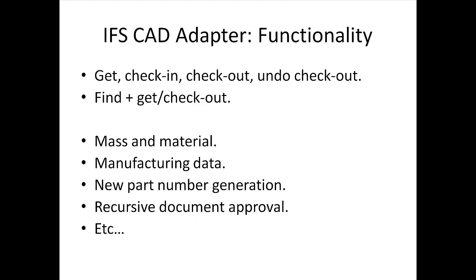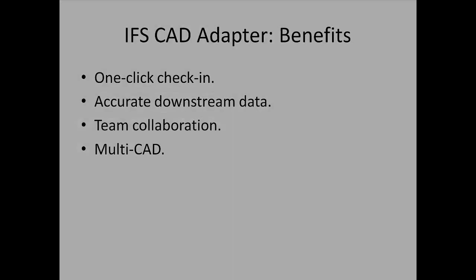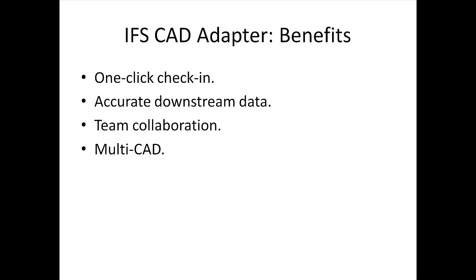In addition to that, the CAD adapter also covers mass and material mapping, manufacturing data, new part number generation, recursive document approval, etc. Please refer to the CAD adapter documentation for more information. The main benefit is one-click check-in.